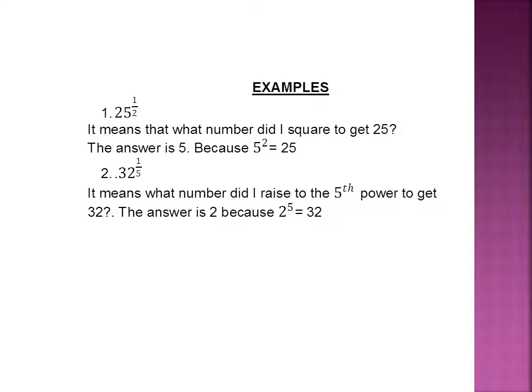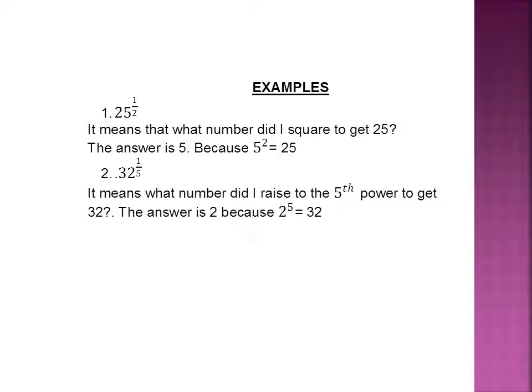Example, if we have 25 to the power 1 divided by 2, it means what number did I square to get 25? It is not 4, because 4 times 4 is 16. It is not 3, because 3 times 3 is 9.